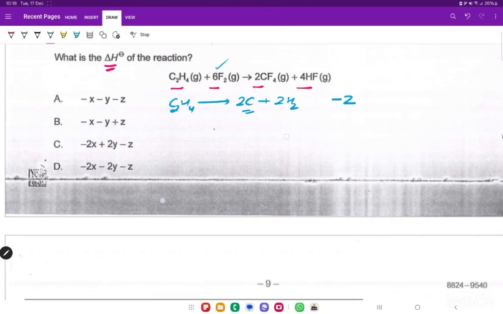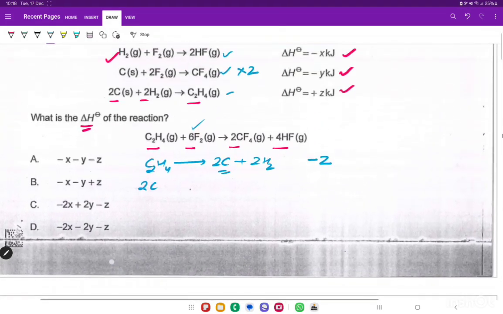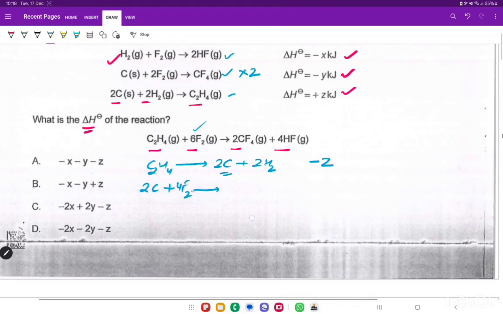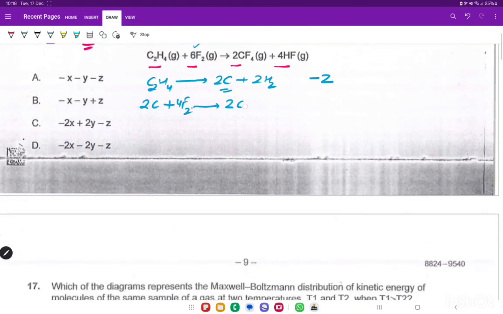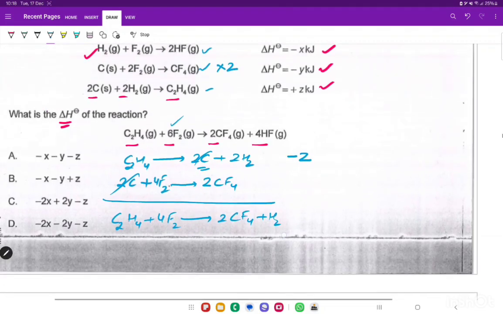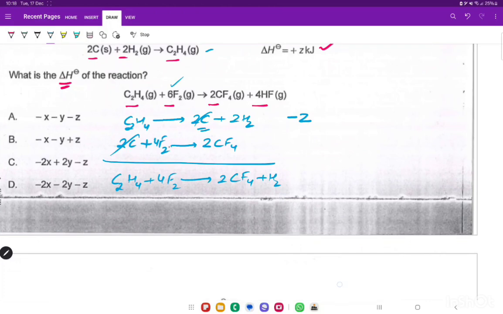It will be 2C plus 4F2 gives you 2CF4. If I add it, the 2C cancels. I will get C2H4 plus 4F2 gives you 2CF4 plus 2H2. I had multiplied equation number 2 by 2, so that will be minus 2Y.